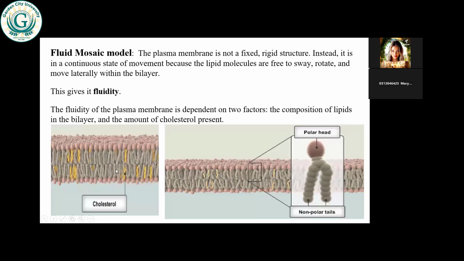So as I said, it's not rigid, it's not fixed. It can somehow flow. Not like water, but the components, the phospholipids, they can, in a way, move around, rotate, move. This one will move to this direction and all that. That flexible nature is as a result of the presence of the cholesterol in there. Okay, thank you very much.